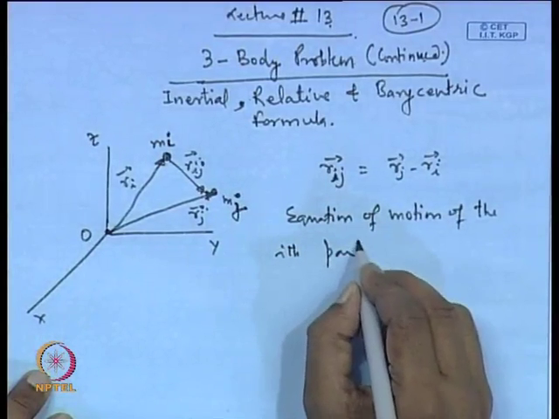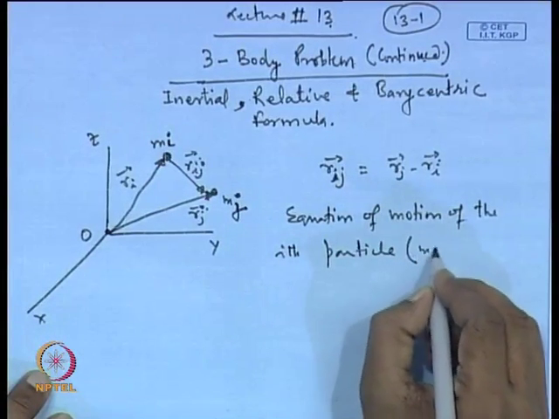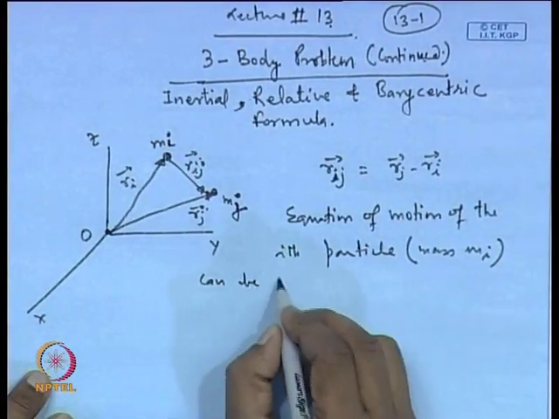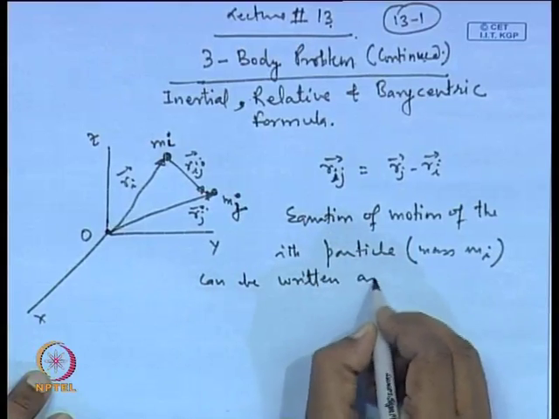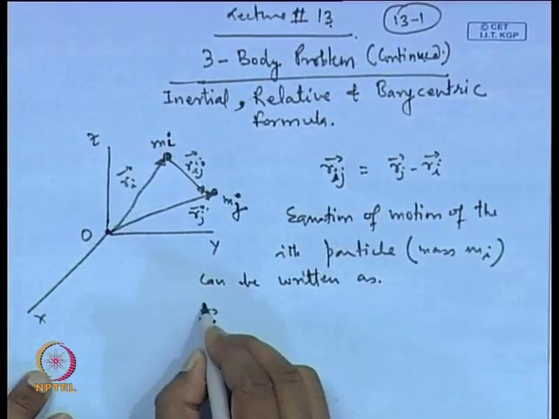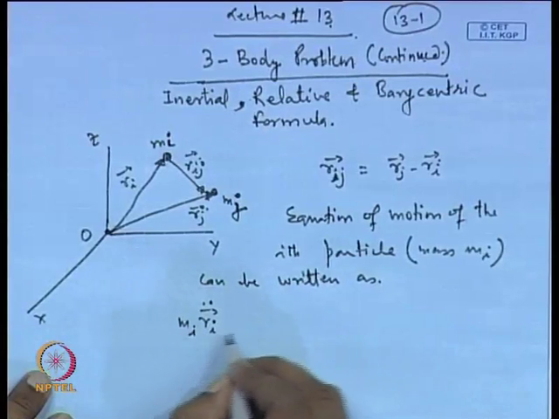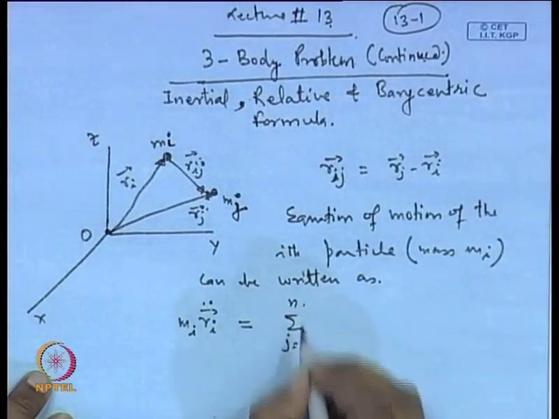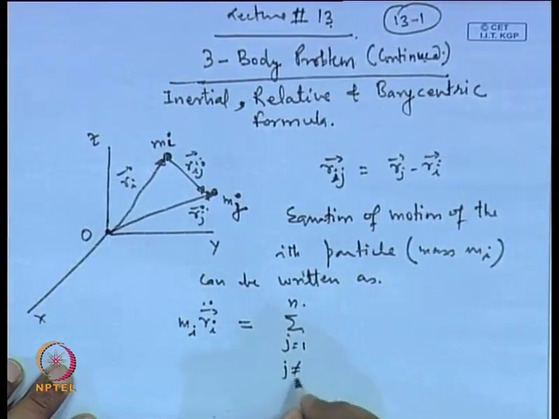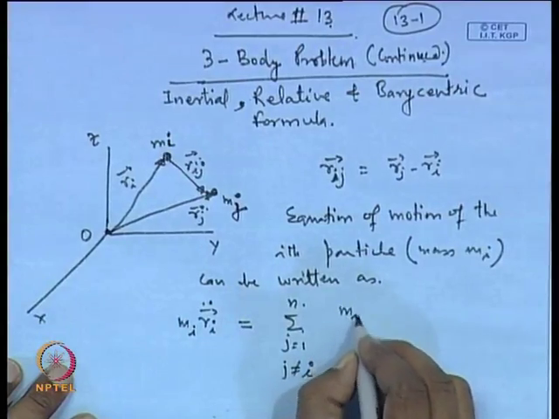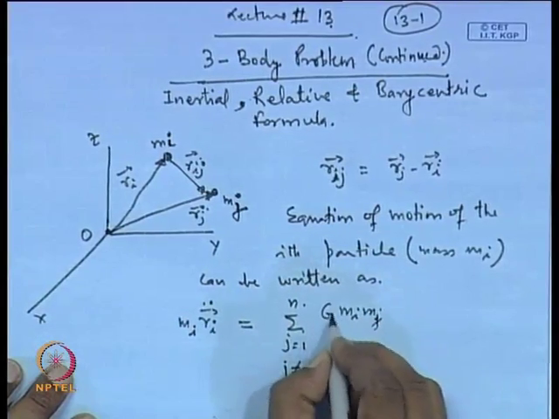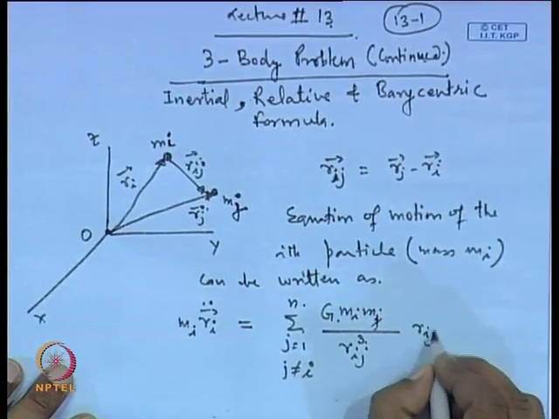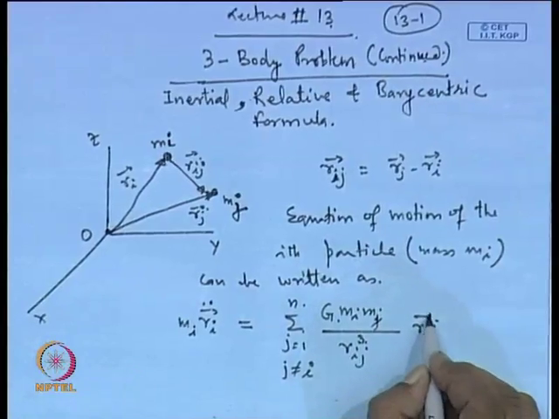Okay. So, for the ith particle, the mass m_i can be written as m_i times r_i double dot, equal to the summation over j from 1 to n, where j is not equal to i, of G m_i m_j divided by r_ij cubed, multiplied by the vector r_ij.